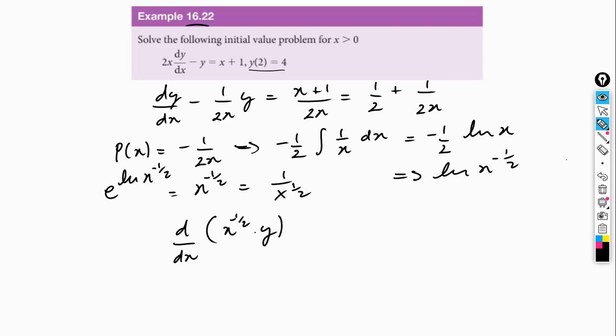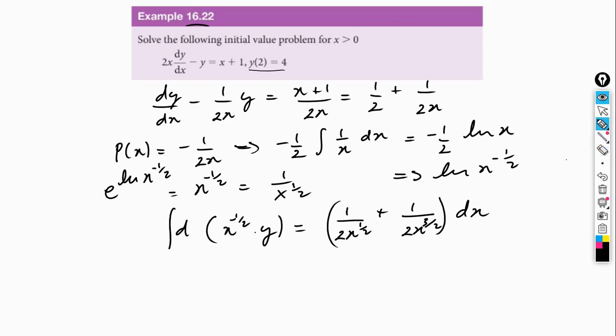And on the right-hand side, we would get 1 over 2 times x to the 1/2 plus 1 over 2x to the 3/2. So let's just bring the x over to this side and erase it from here.